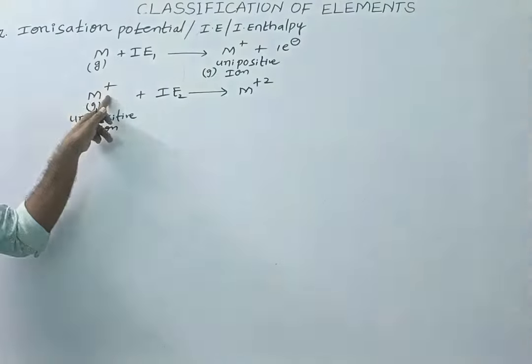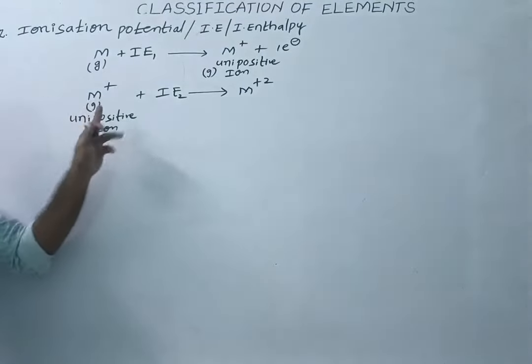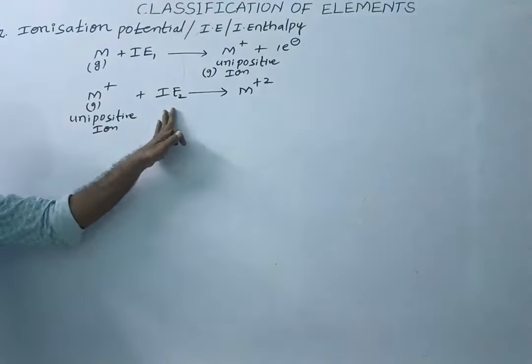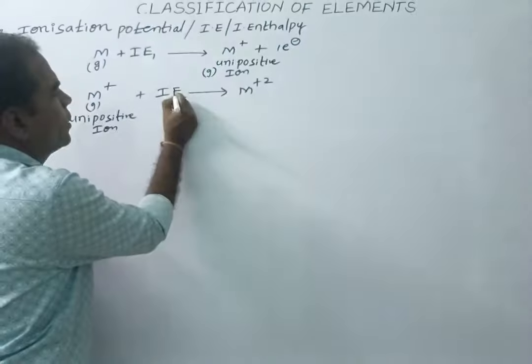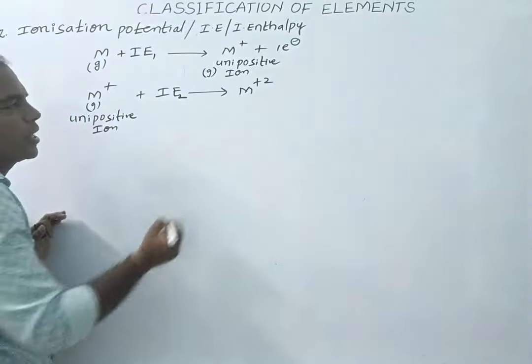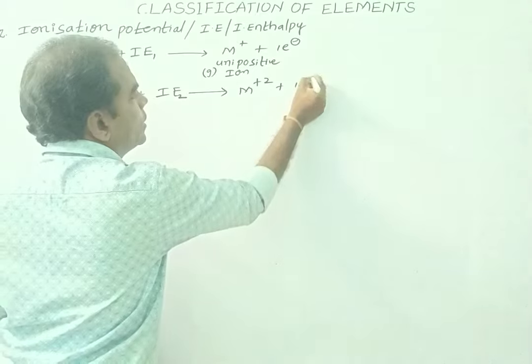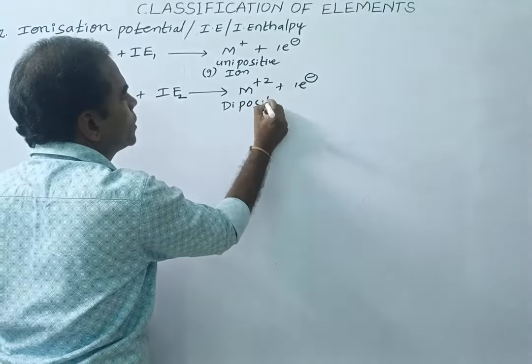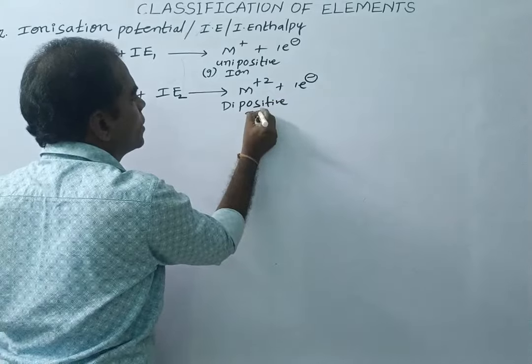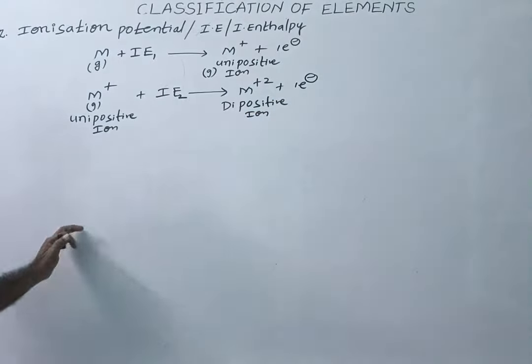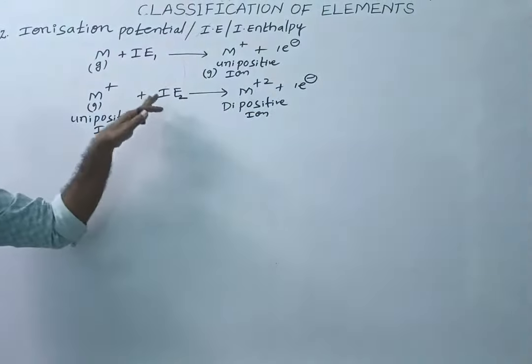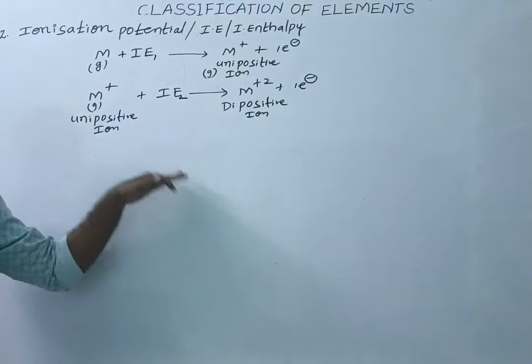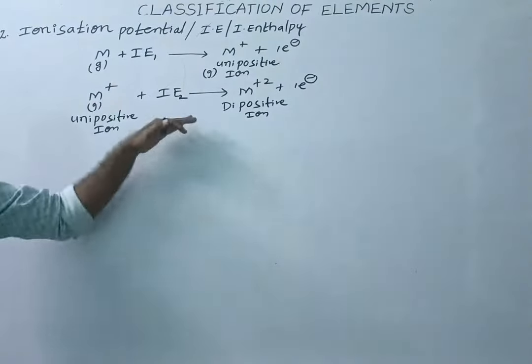To remove one more electron from the uni-positive ion, we require some energy. That energy is known as second ionization energy, and this is known as a di-positive ion. Similarly, to remove one more electron from the di-positive ion requires some energy, known as third ionization energy. Fourth ionization energy, one more electron, like this.